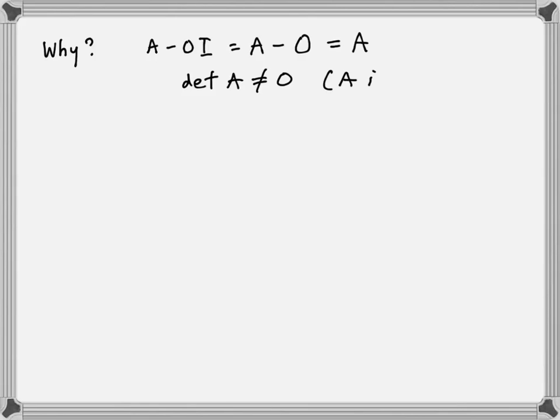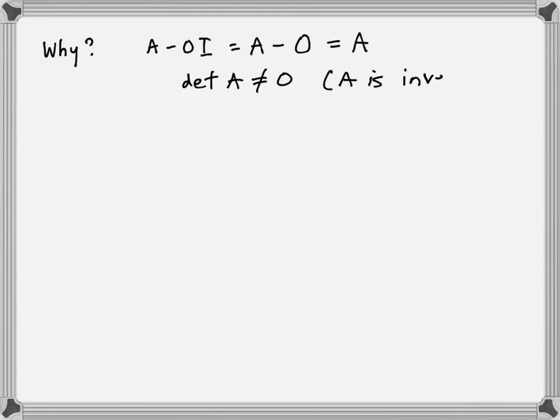Let me say why really quick. So why? Well, what would A minus 0 times I be? Okay. A minus 0 times I is just A minus the 0 matrix, which is just A. So the determinant of A is clearly not 0 since A is invertible.